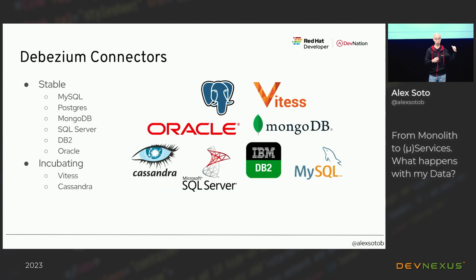And it works with all these SQL and NoSQL databases. You see that this is MySQL, Postgres, Mongo, SQL Server, DB2, Oracle. And in theory, it should also work with Cockroach because it uses the PostgreSQL driver, probably also with MariaDB. I have not tried it. And there is incubating support for Vitess and Cassandra. So, okay, I would say that most of the databases are supported.